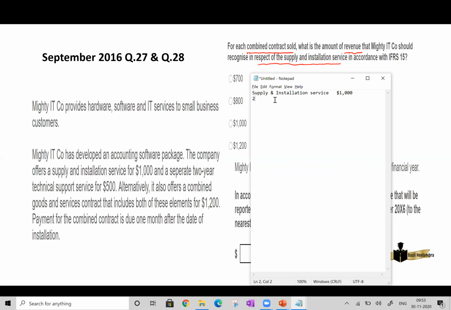Apart from that, it also offers a 2-year tech support service, separately, individually, for $500. So the total income from these two items separately is $1,500.